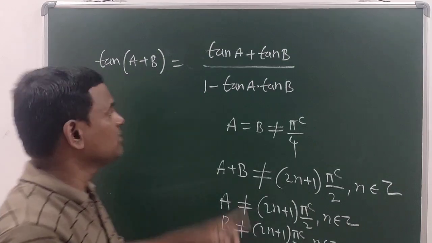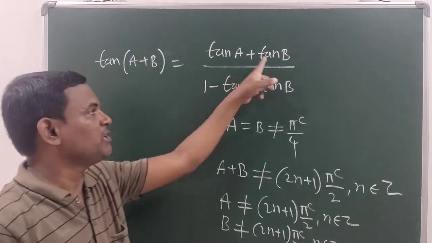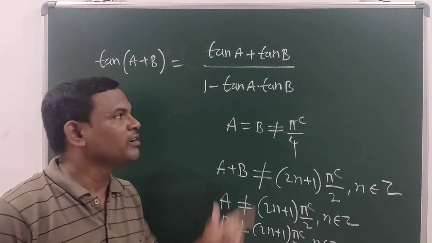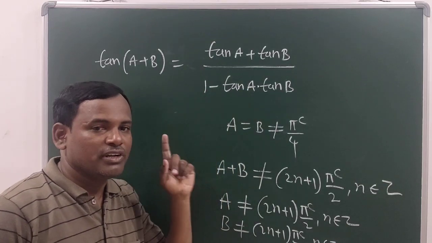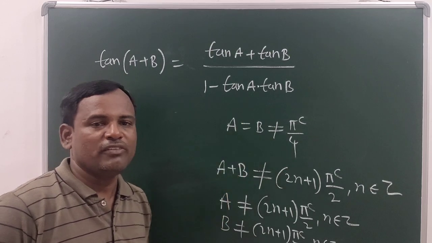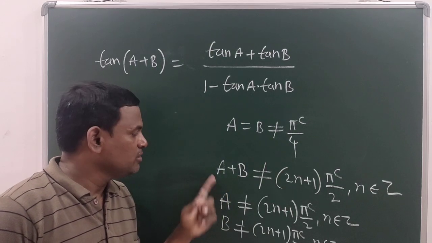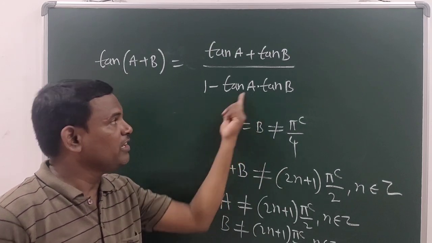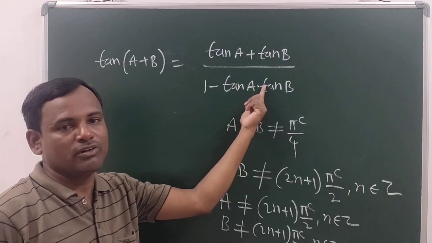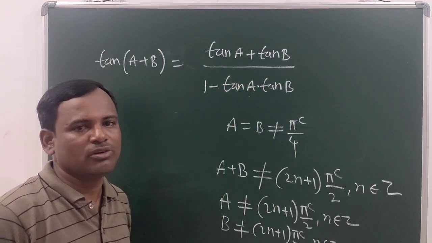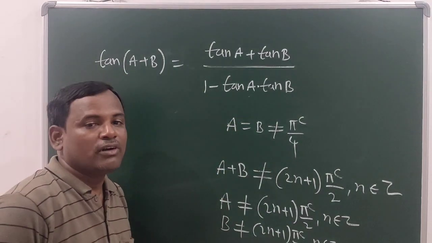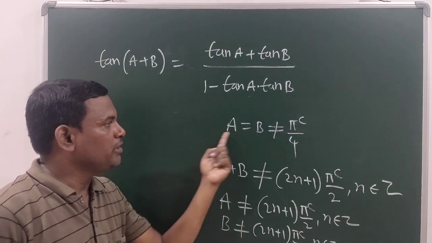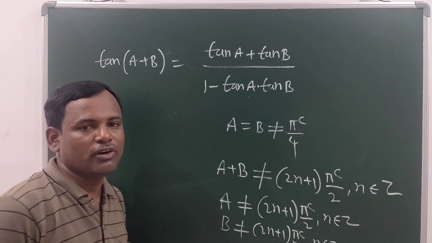Okay students, see here tan of A plus B equal to tan A plus tan B by 1 minus tan A tan B. So when can this be equal? Whenever A and B should not be 45. Because if it is 45, this becomes 1, 1 minus 1, 0, something by 0 not defined. Hence A and B both should not be equal to 45 degrees.